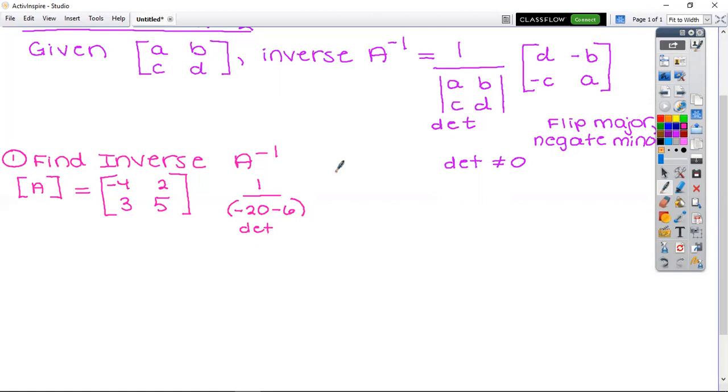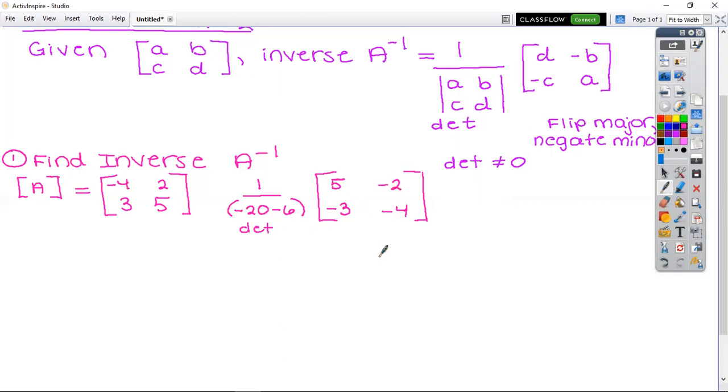Then you're going to take that number and multiply it by our matrix. So we have to apply the pattern. I am going to switch the major diagonal, so the major diagonal becomes 5 and then -4. And then I'm going to negate the minor: -3 and -2.